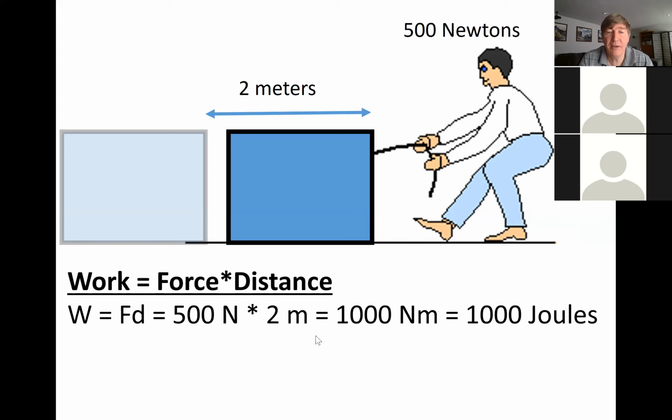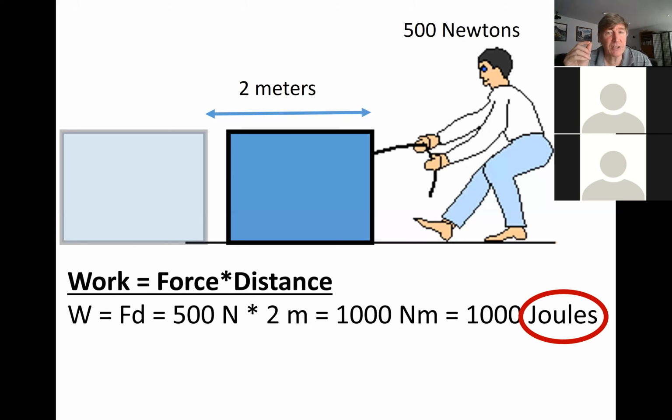So then the amount of work that we've done is 1,000 Newton meters. And again, because Newton meters is also the same unit that's used for torque, what scientists have done is introduce a new term, which is the same as a Newton meter. That term is joules, okay?